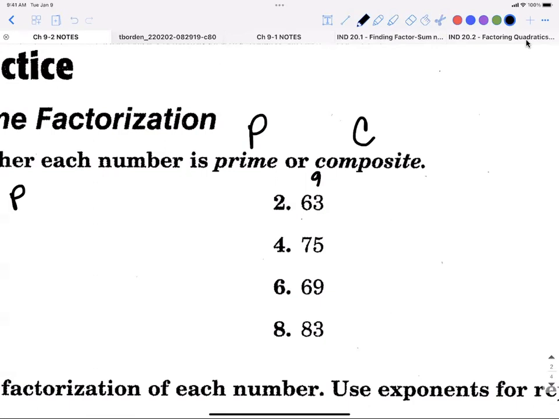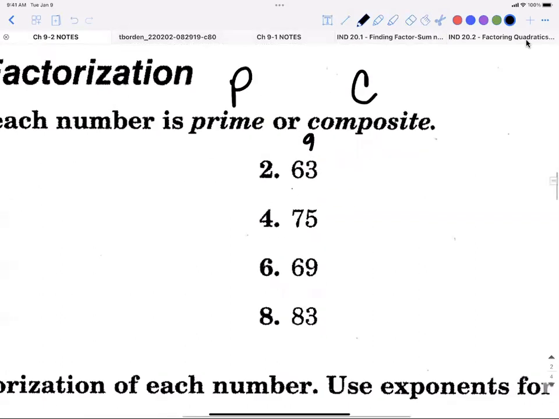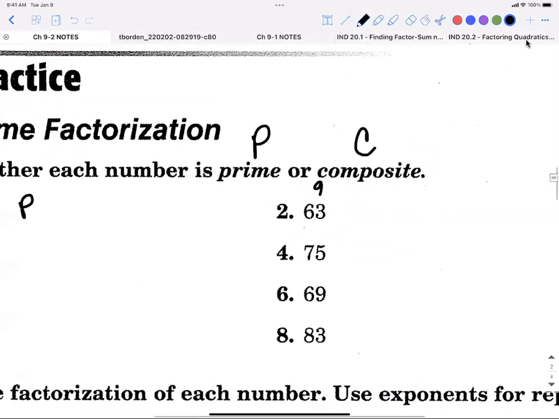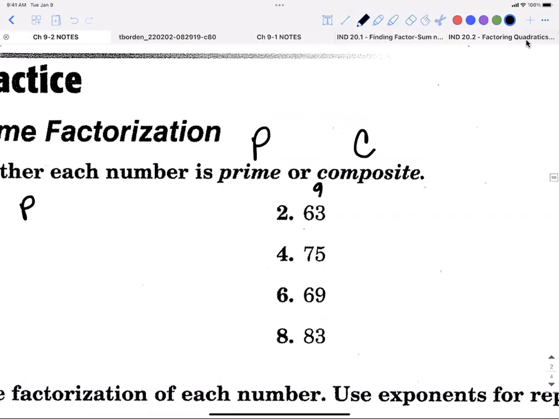Okay. So you can really do a lot of mental checks here. Now, 7, there's no rule. So if I were you, if you're not sure, punch in your calculator 83 divided by 7, right? If you're not sure about 83, I can tell you right off the bat, it's not divisible by 2 because it's odd. I can tell you it's not divisible by 3 because 8 plus 3 is 11, and 11 is not divisible by 3, so 83 will not be.